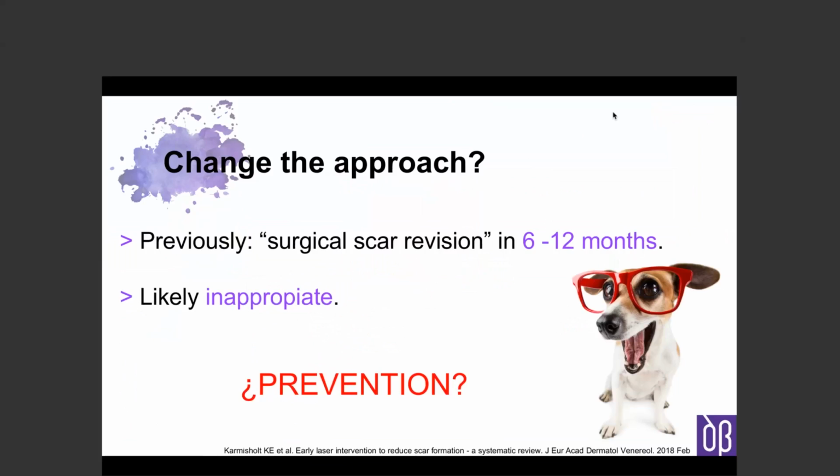Most of the parts of the scar tissue appear in the first 3 weeks after the wound healing. In previous years, we stated that we only had to do the surgical scar revision in the first 6-12 months, but that is probably not appropriate from our current point of view, because the old point of view did not allow us to do any prevention to avoid hypertrophic or keloid scarring.